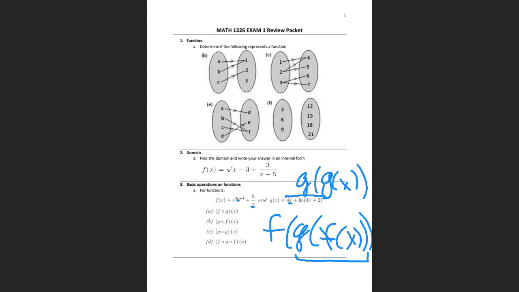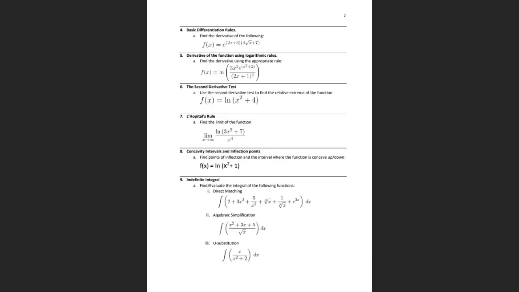Okay, then we will move on to the next page. So again, if you need to zoom in, use the zoom in tool on the left. And then for 4, it's just basic differentiation, and you would use the product rule. That's my hint. Actually, let's take 5 minutes to solve both 4 and 5.